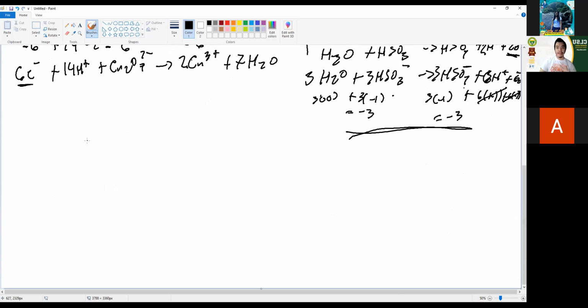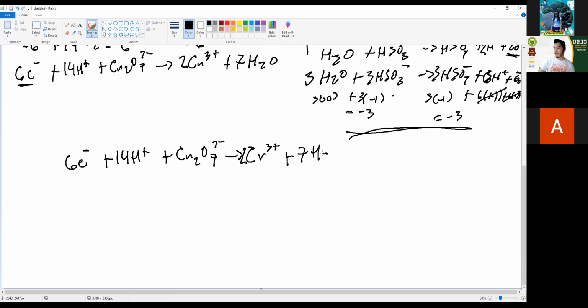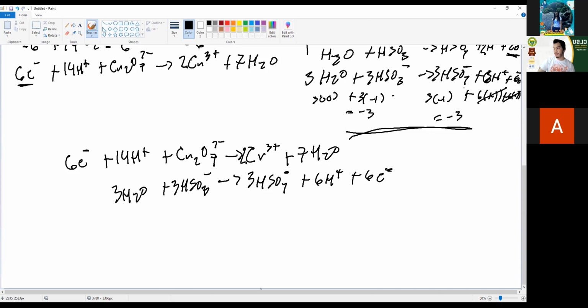So maganda dito para tayo nag-add. So 6 electrons plus 14H plus Cr2O7 2 negative will yield 2Cr3 plus 7 water. So dito 3H2O plus 3HSO3 negative and 3HSO4 negative plus 6H plus 6 electrons.